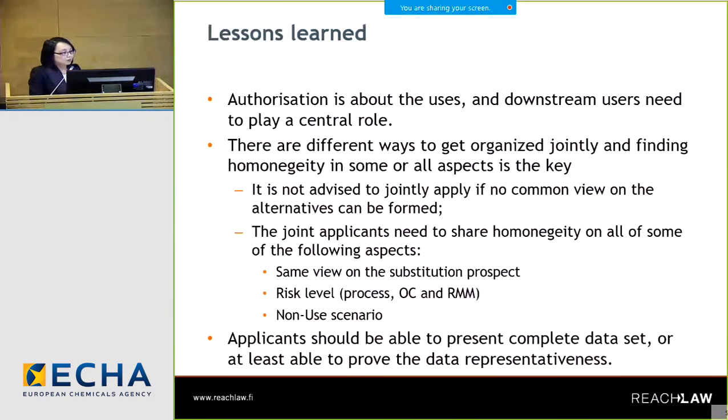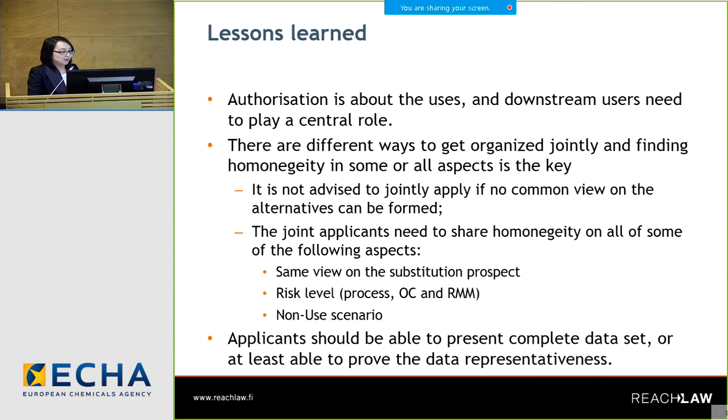So just a quick word about lessons learned. I have always thought that authorization is about the users, and that's why downstream users need to play the central role. And there are different ways to get organized jointly. I would agree to do anything but combine two companies which have different views on the substitution prospect.